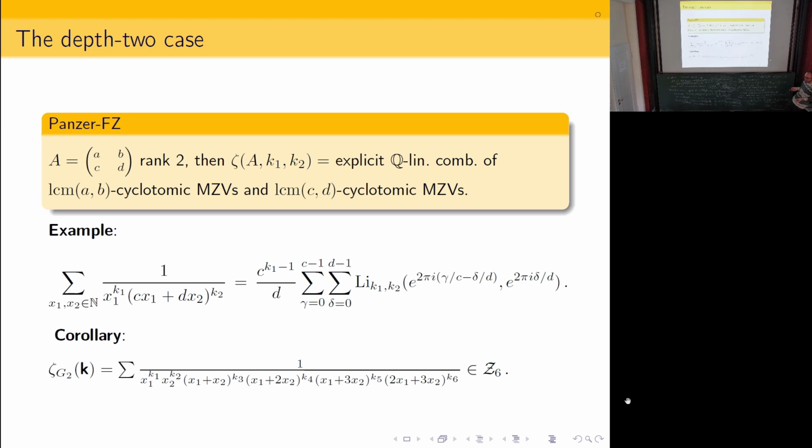The determinant is 1. Yes, the determinant is 1. I mean, you can always reduce those who don't have determinant 1 to linear combinations of determinant 1. I mean, if you state the determinant is 1, then you don't need to say rank 2.